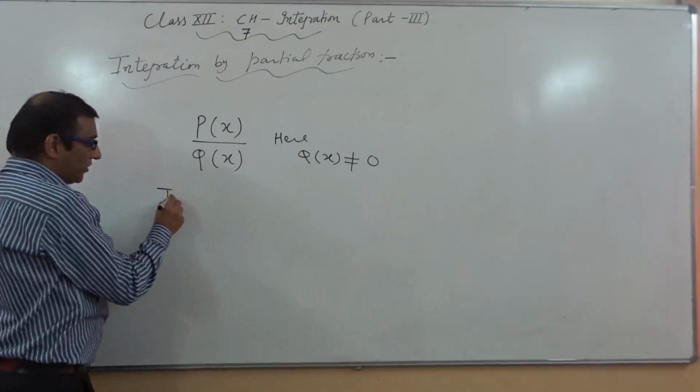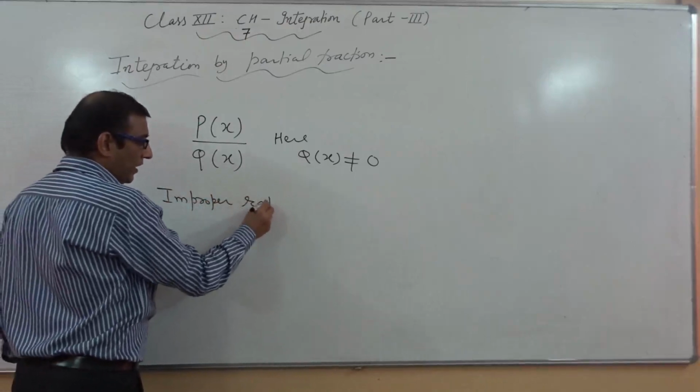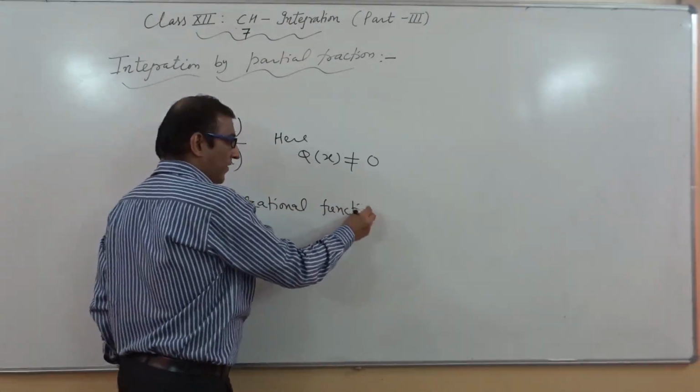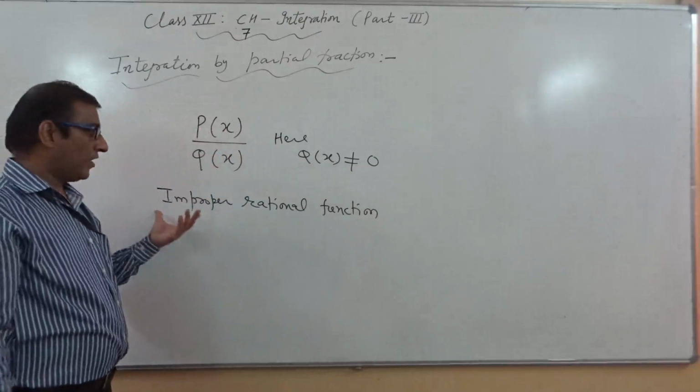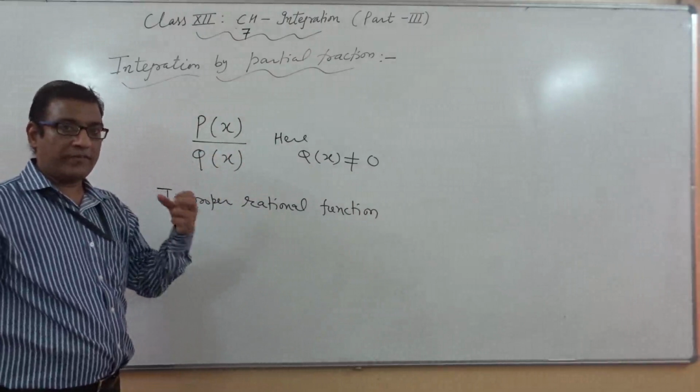So if the rational function is an improper rational function, then what will we do? First we will convert the improper rational function into a proper rational function by the long division process.